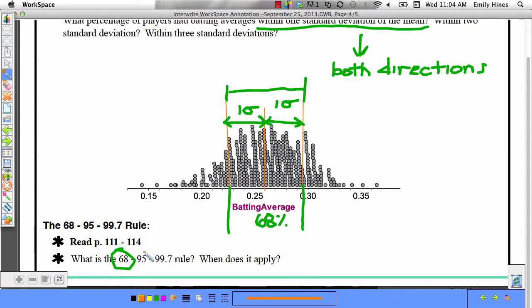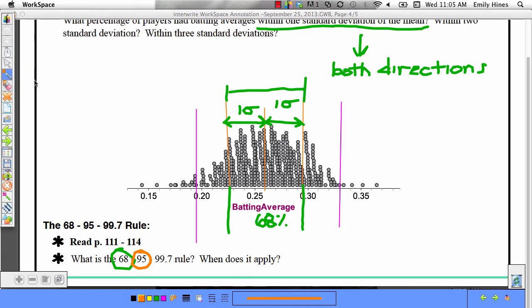Okay, and maybe by now you've guessed that 95 is for 2 standard deviations. So if I looked for 2 standard deviations, that goes from 0.193, which would be about right here, to 0.329, which would be about right here.